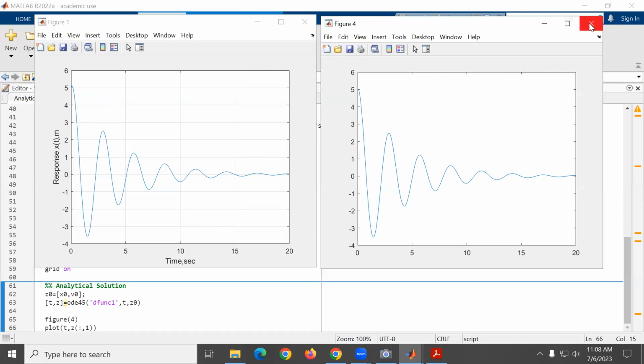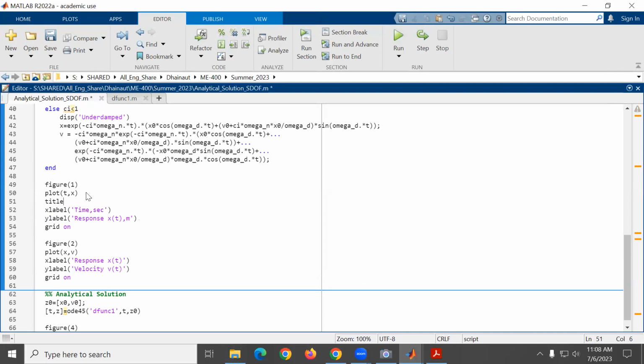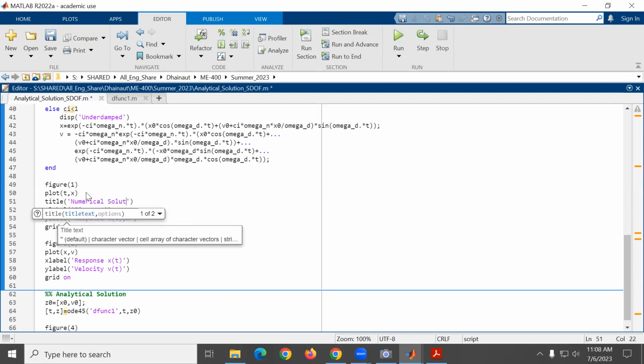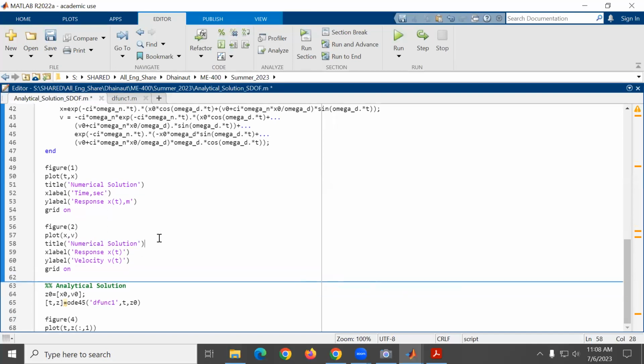Okay, so let me finish this very quick. Maybe let me add some stuff over here. This is a title that you can use in MATLAB. Numerical solution, but if it's not saying anything, it should be good. Control copy numerical solution, figure 2, numerical solution, figure 4.